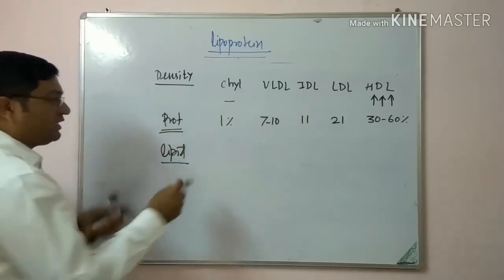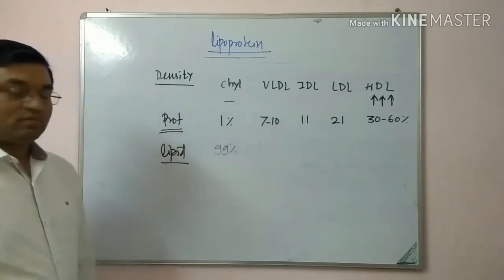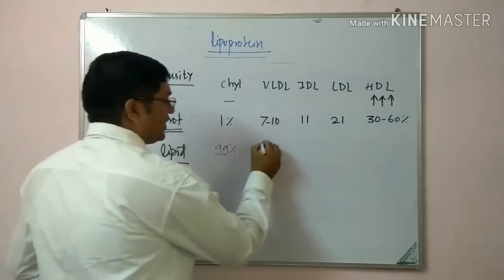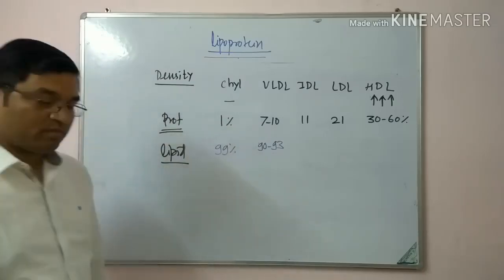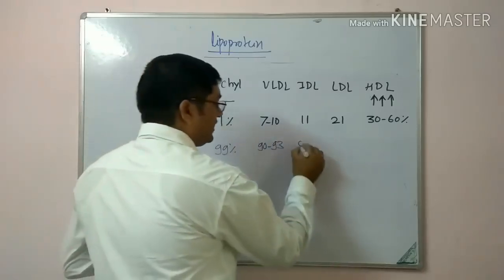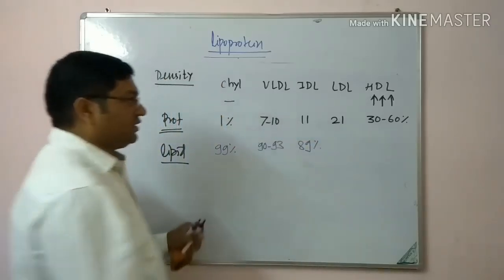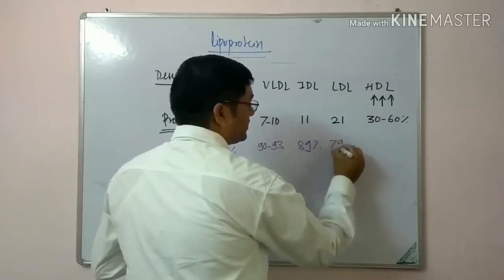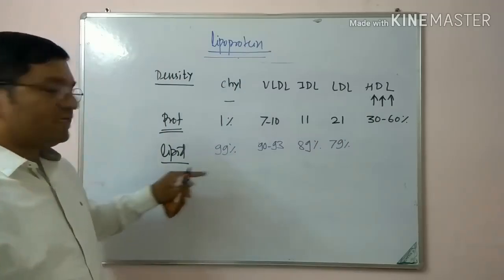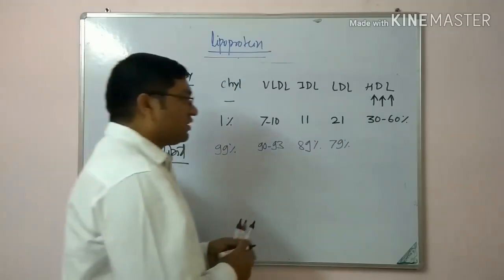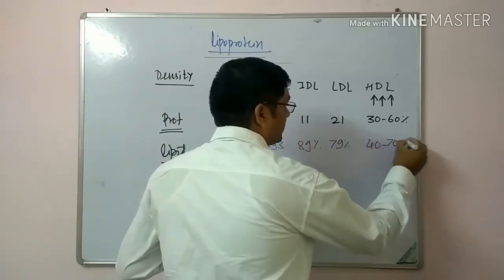The chylomicron contains 99% lipid. VLDL is 90 to 93% lipid. IDL is 89% lipid. Then LDL is 79% lipid, and HDL lipid content varies, mainly 40% to 70% lipid.